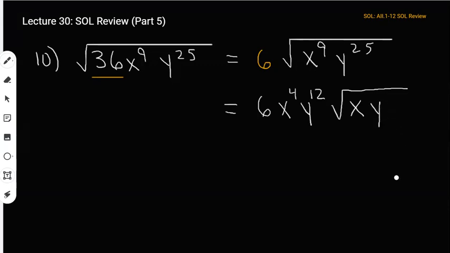So one of the y's has to stay under the radical. And we're done. There's no more perfect squares that we can take out from the square root. All the remainders have to be left under the square root symbol.